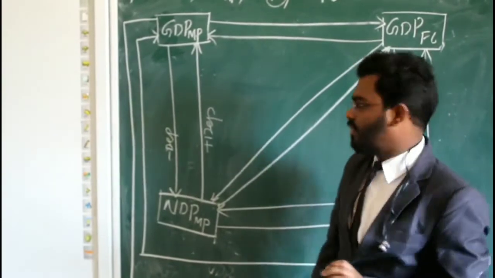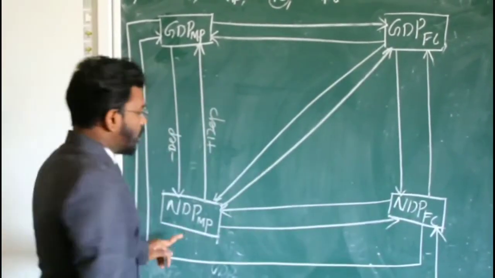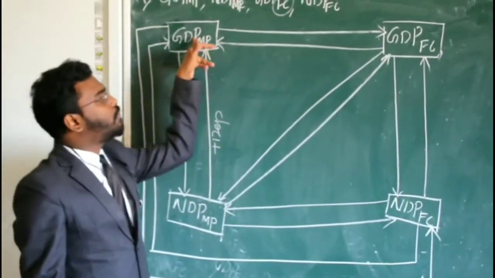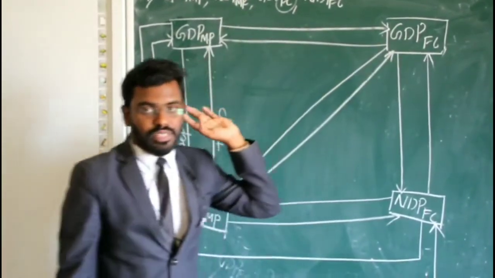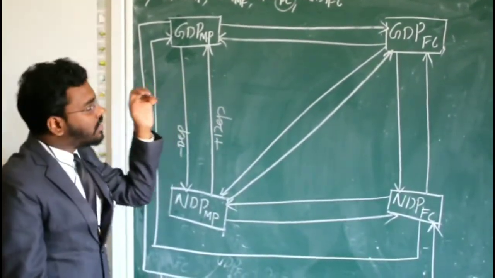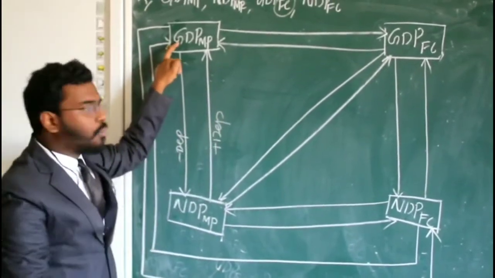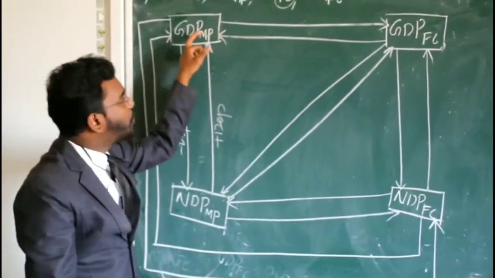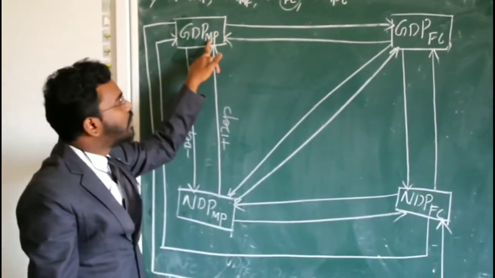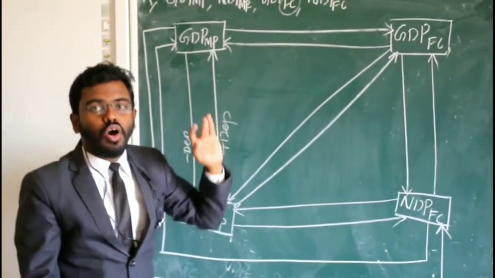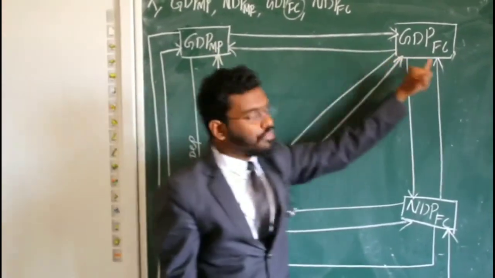Understood? Next one, that is GDP-MP into GDP-FC. Which letter is changed? G and G common, D and D common, P and P are common, MP and FC. So how can we convert MP into FC?